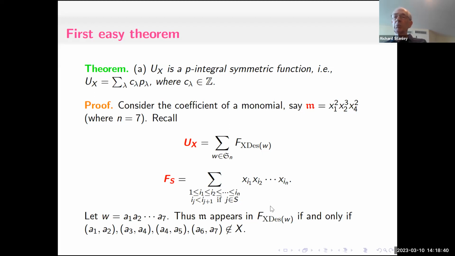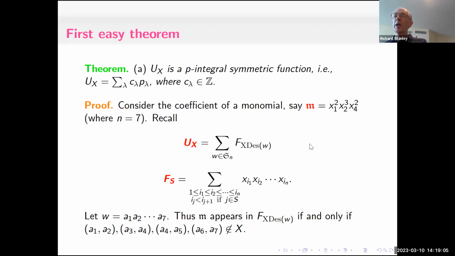So when does it appear in Fs? Coefficient 1 in the X descent set. Well, by definition, it has to be when a1 a2, a3 a4, a4 a5, and a6 a7 are not in X. They're not allowed to be X descents. For instance, if a1 a2 were an X descent, that would mean we would have a strict inequality between i1 and i2.